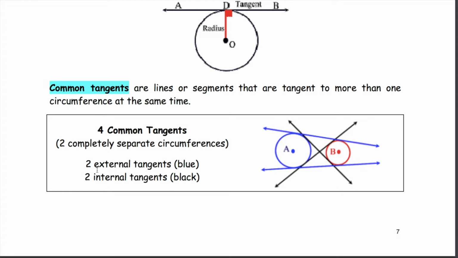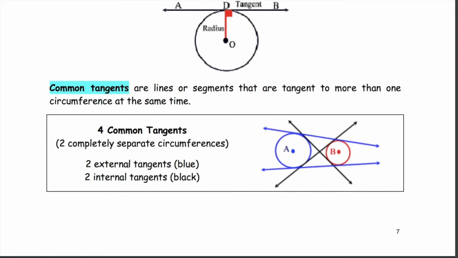So we have 2 external tangents, which are the blue lines. So this tangent and this tangent, the external tangents, and 2 internal tangents, the black lines, this tangent and this tangent.